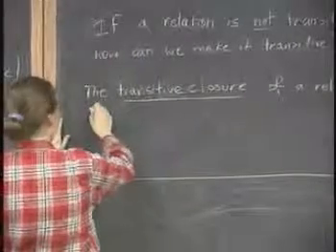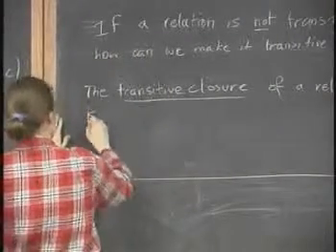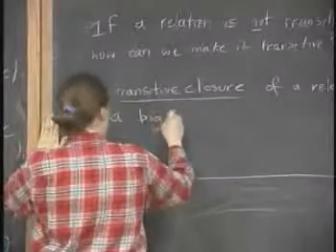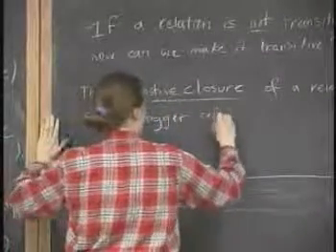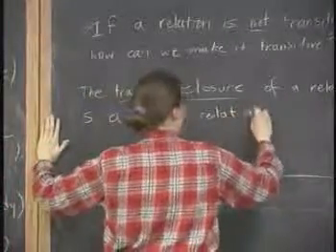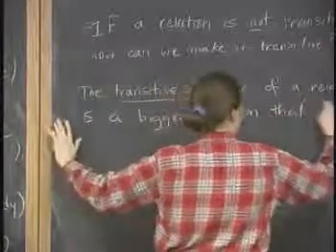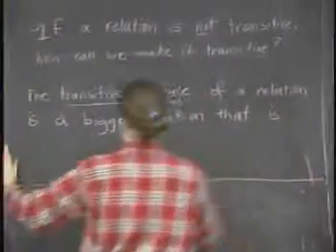So the transitive closure of a relation is a bigger relation that is transitive.